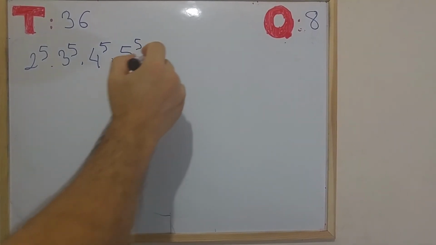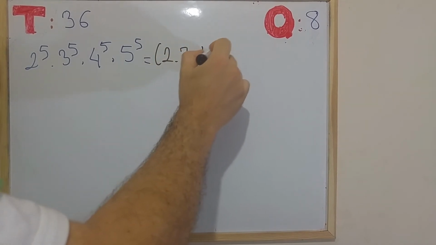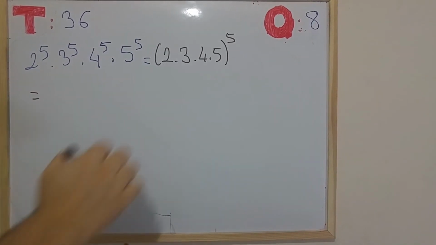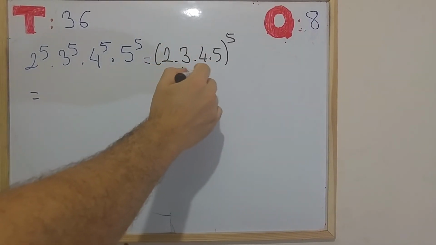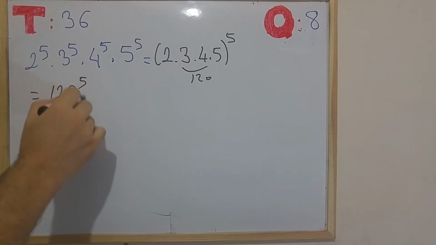This actually is 2 times 3 times 4 times 5 to the power of 5, which makes, this is 120. So let's say it that way, 120 to the power of 5.